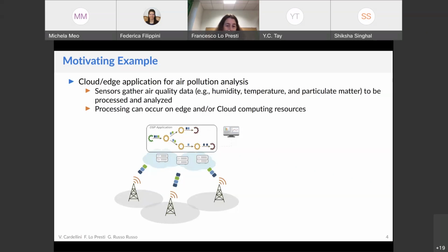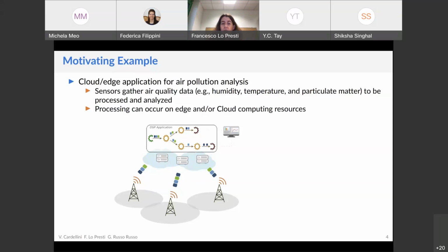So you can perform the processing on edge devices. You can perform this processing on fog nodes that are located between the edge devices and the cloud nodes. Or you can also provide the processing and the analysis using some cloud computing resources.